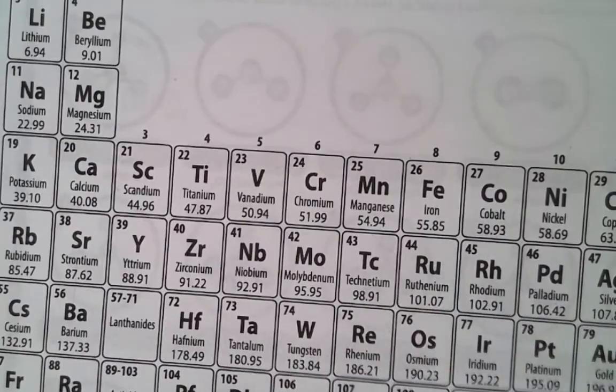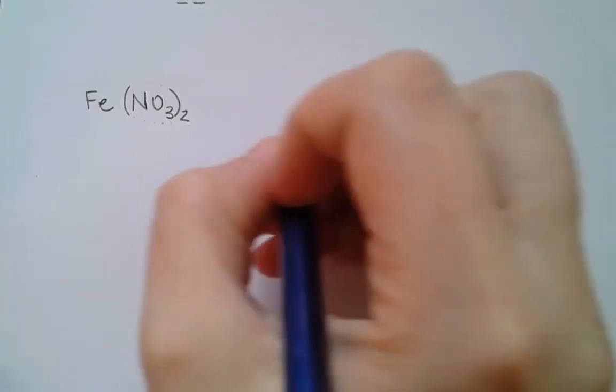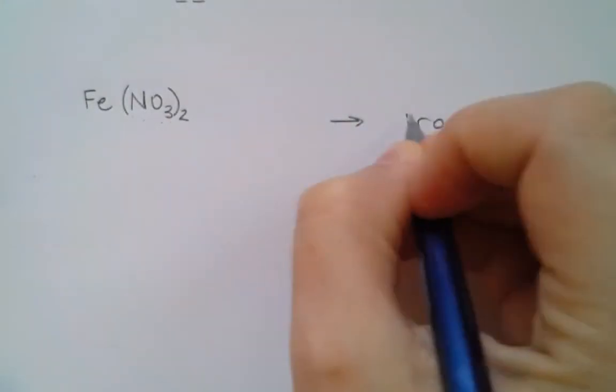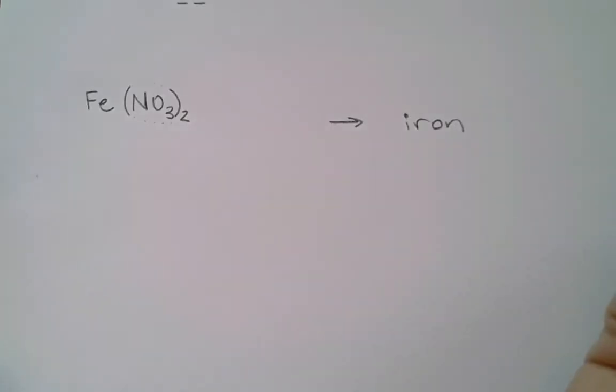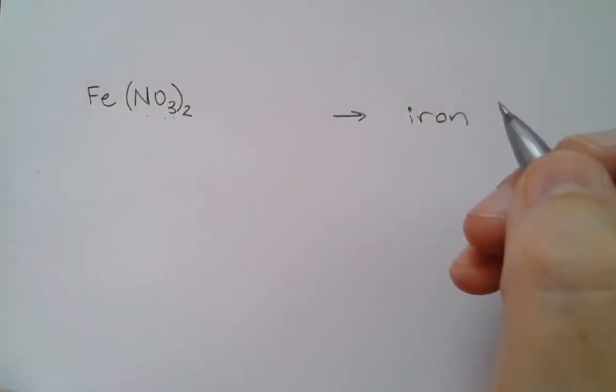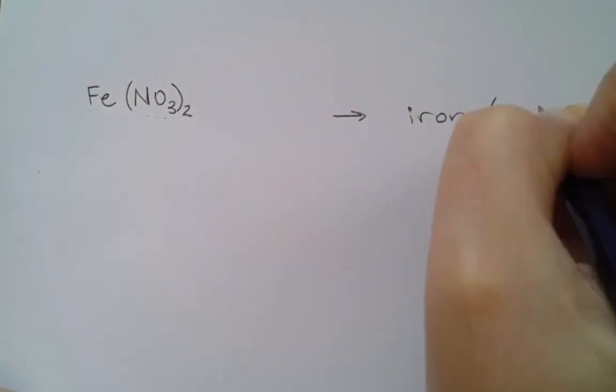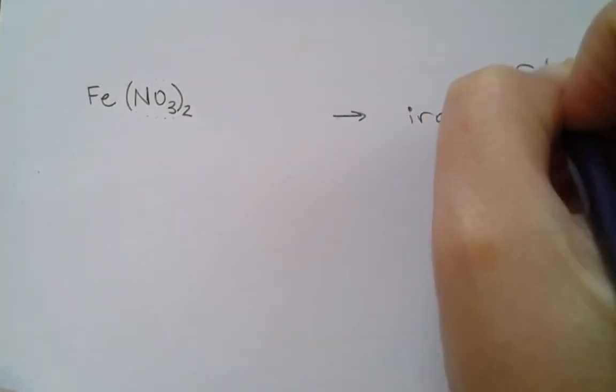So you know it's iron. But if you just see that it's an iron ion, you do not know its charge. We need to write its charge.